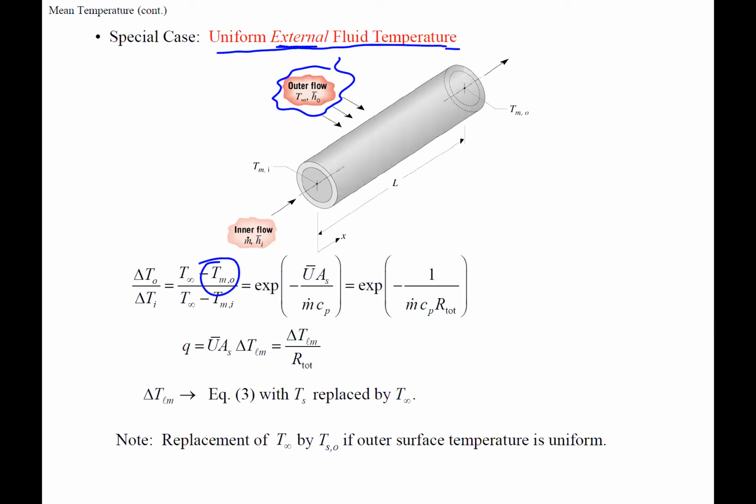Here, we would need the total convection coefficient, or overall convection coefficient, and surface area, or the total resistance from the outside convection to the inside. So we do a resistance network to get that overall convection coefficient. And again, for the total heat transfer, we just use the log mean temperature difference.